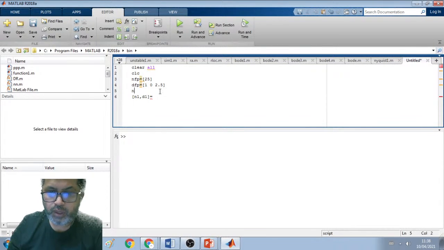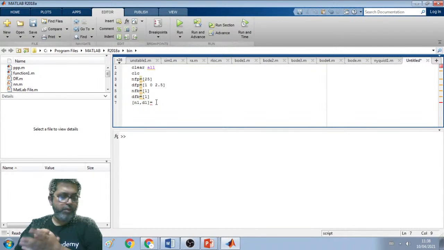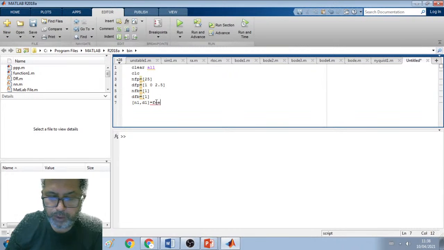So NFB, feedback numerator, is equal to 1, isn't it? Then denominator of feedback is equal to 1 also. 1 by 1 is 1. So it is a unity feedback system. So I'll say N1 comma D1 is equal to feedback.